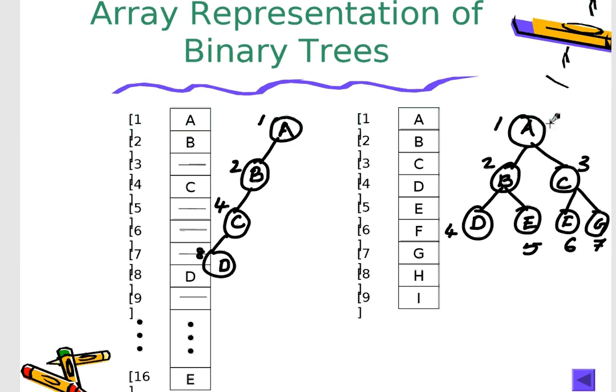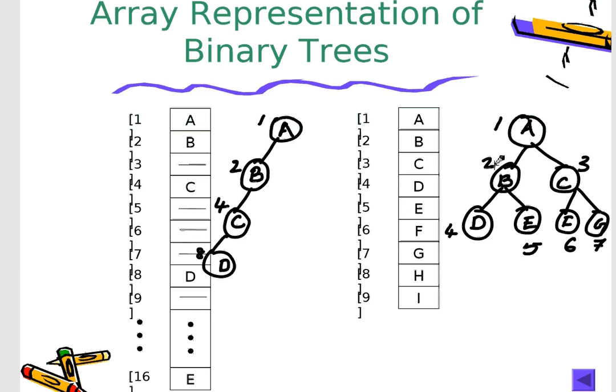Now consider this tree. In this tree you can see that A, the parent, is in the first position. Now its left child can be stored in 1 into 2, so B is in the second position. Now what about its right child? 1 into 2 plus 1, that is 3, so in the third position C is stored. Now what about the left child of B?